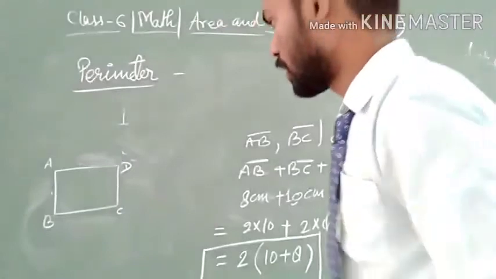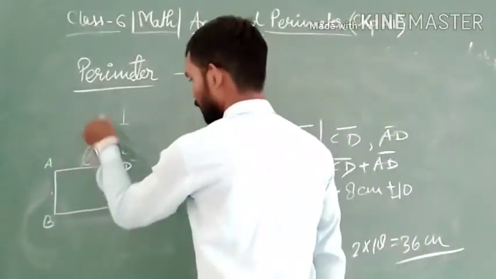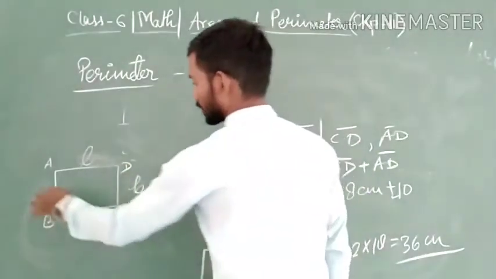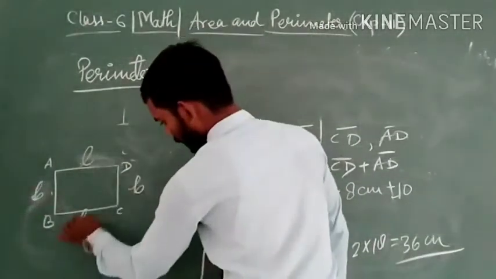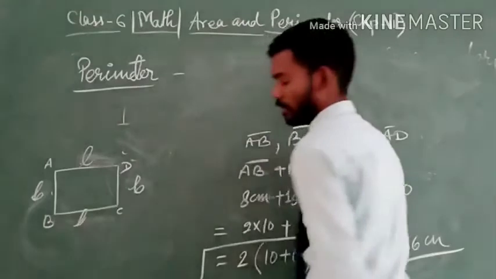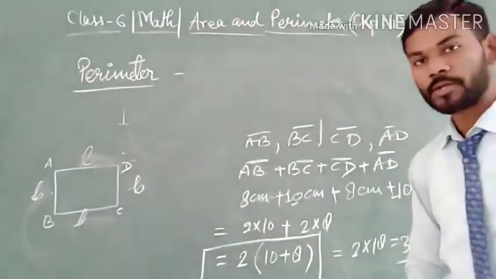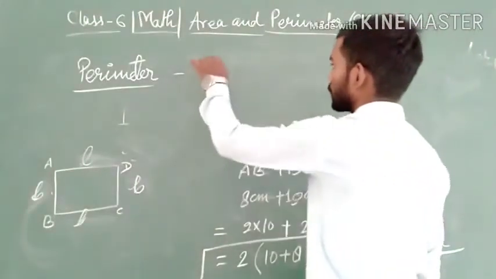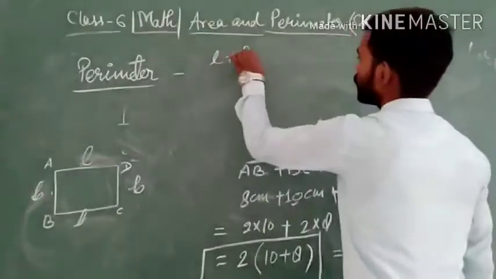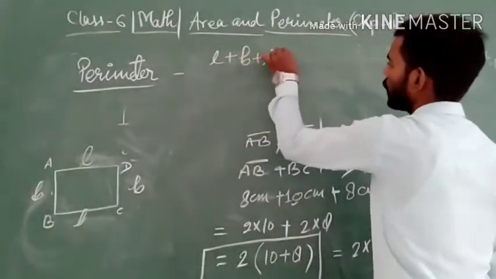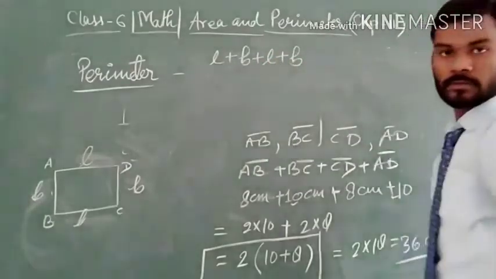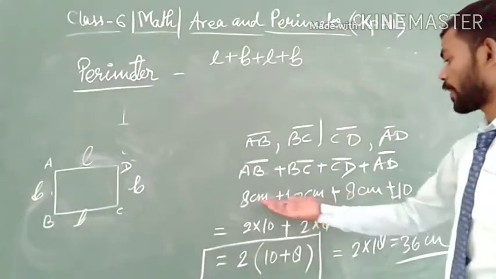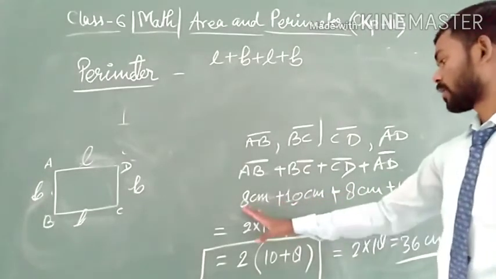Just suppose that the length of the rectangle is written by L, then this will be the breadth. Similarly, it will also be breadth and this will be L. Okay, now by the definition, total length of the boundary will be L plus B plus L plus B. Okay, and now you can compare with this statement.